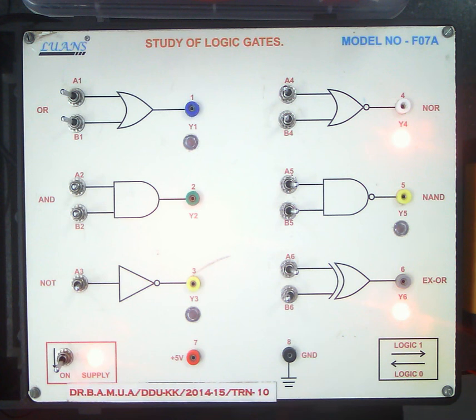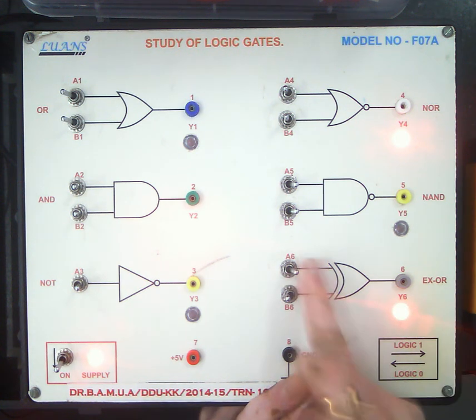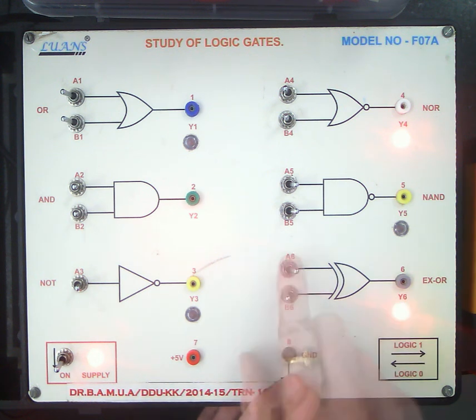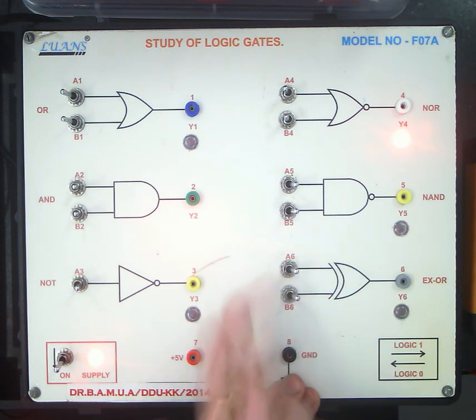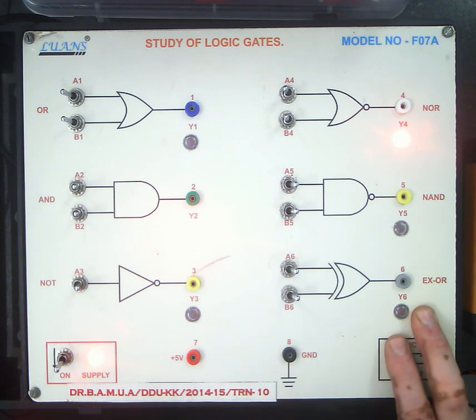If such is the condition, then you have to use XOR. You can see again, both of the inputs are same, then the output is low. The input condition is different, the output is high. Again, both of the inputs are same, the output is low. This is exclusive OR operation.